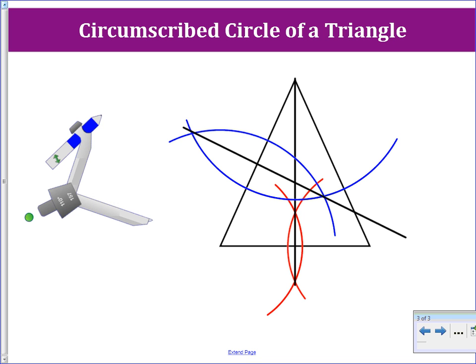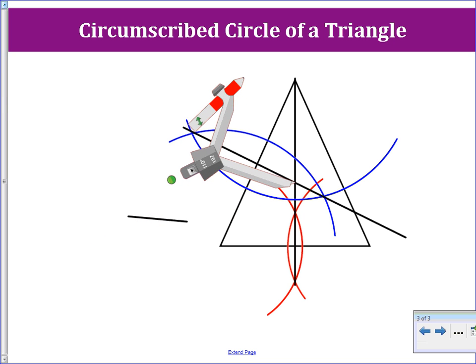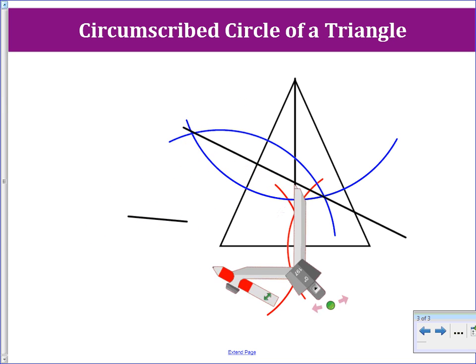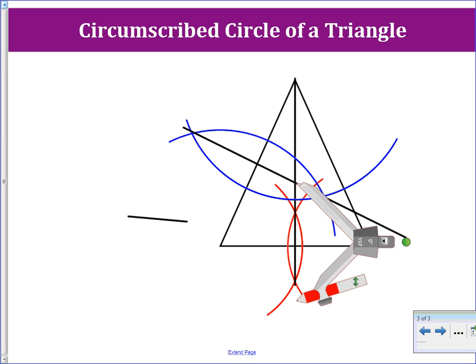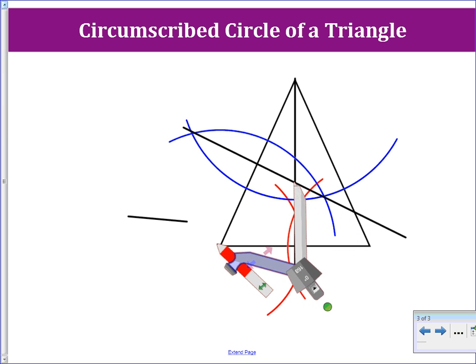So I'm now going to place my compass on the circumcenter, and I am going to measure my distance from the circumcenter to one of my vertices. Our circumcenter is equidistant from the vertices, so I'm going to measure this distance and make sure it's as exact as possible.